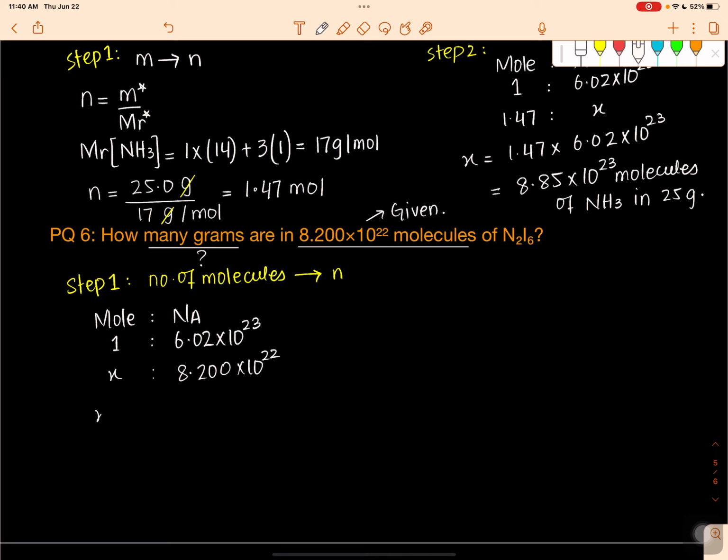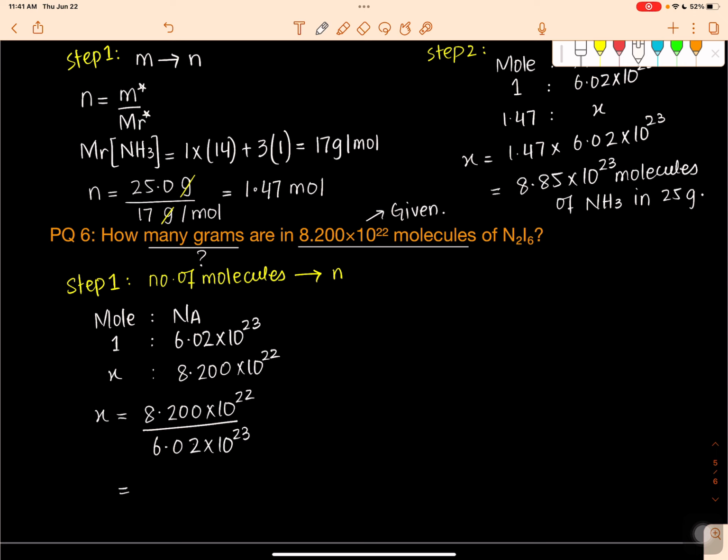That will be x. So x is equal to 8.200 times 10 power 22 divided by 6.02 times 10 power 23. So what do we get? Let's find it out.